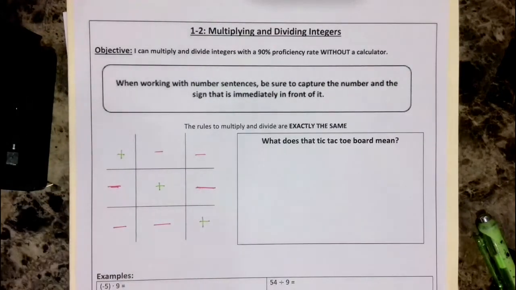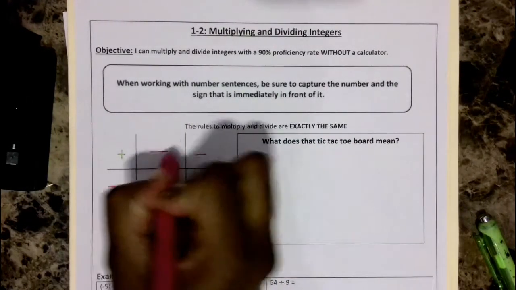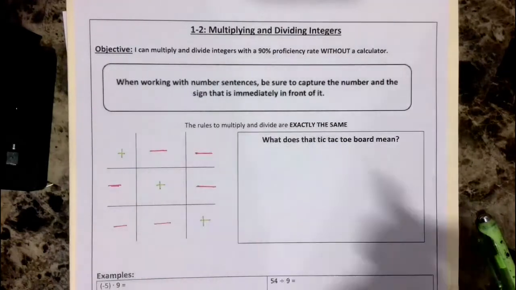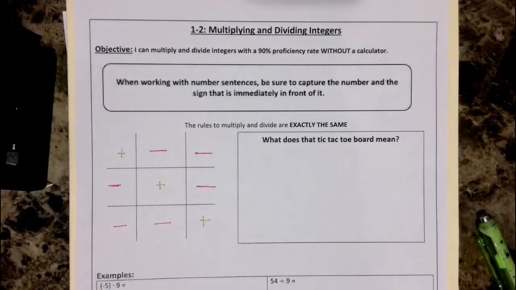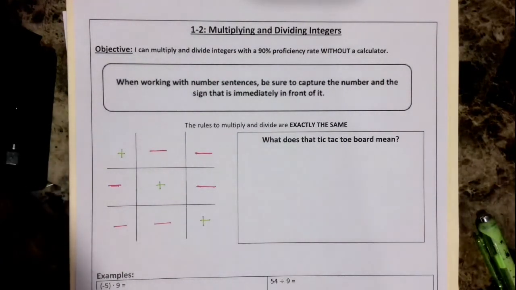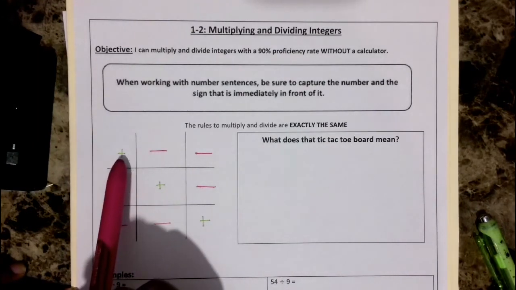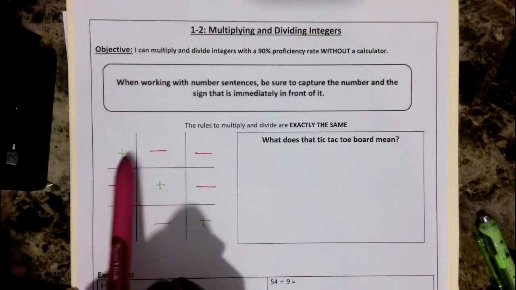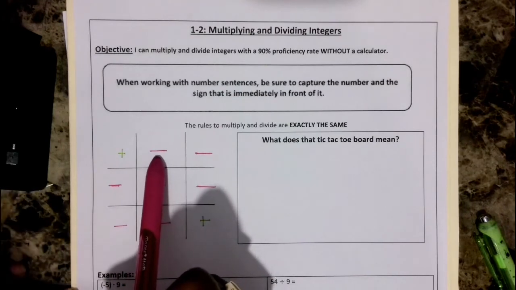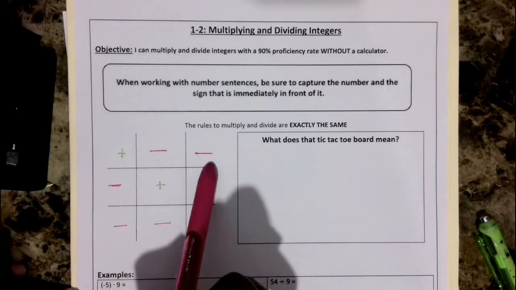And funnily enough, as simple as this tic-tac-toe game is, this tic-tac-toe board will remind us of our multiplication and division rules for the number system. So the way it works is this. If I multiply a positive number by a negative number, my answer should be negative.